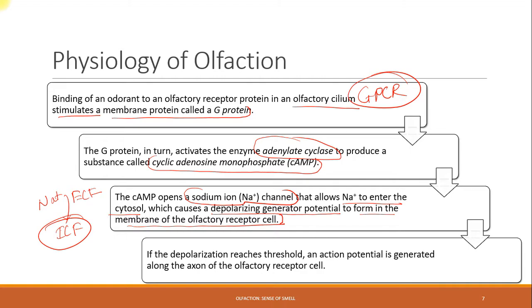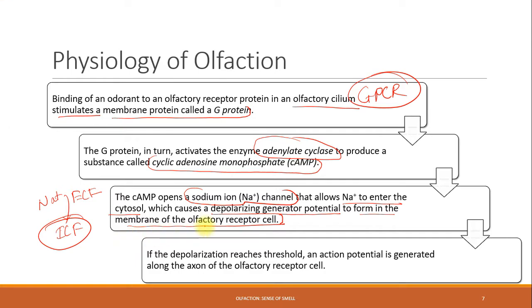The same thing applies here, but it is the secondary messenger like cAMP, that is cyclic adenosine monophosphate, that opens up the sodium channels which are present in the plasma membrane of the cilia of the olfactory receptor cell.